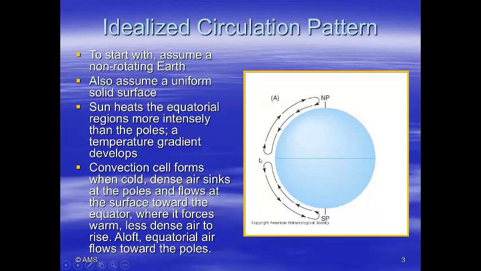It would rise up through the atmosphere, and cold air from the poles would come down to fill in. The air that was rising would hit the top of the tropopause and would flow around in this pattern. So we'd have ascent at the equator and descent or subsidence at the poles.